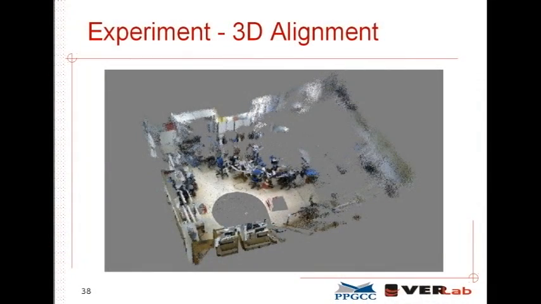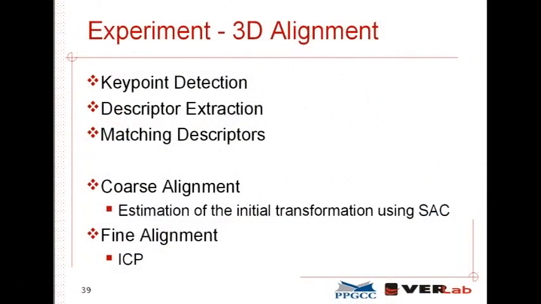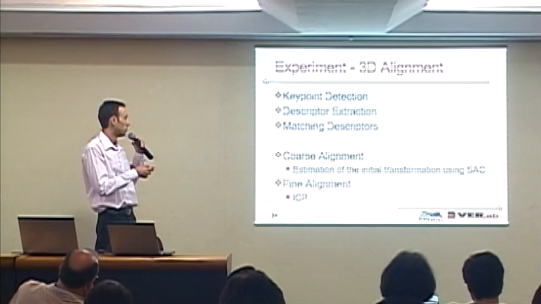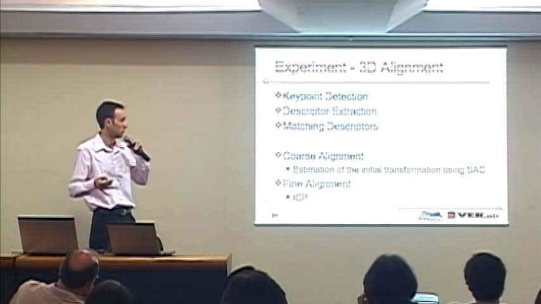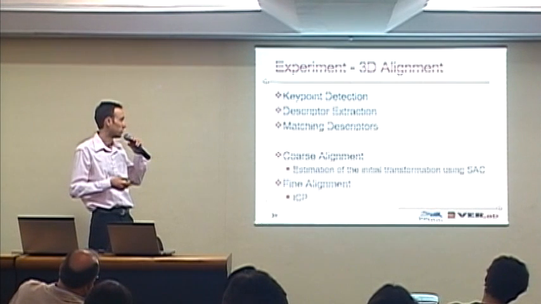So in our second experiment, we made some tests in three-dimensional alignment. We use an algorithm to make this three-dimensional alignment in 5 steps. First, we detect the key points, compute the descriptor for each key point, and match these descriptors to build a set of pairs, or correspondence pairs.